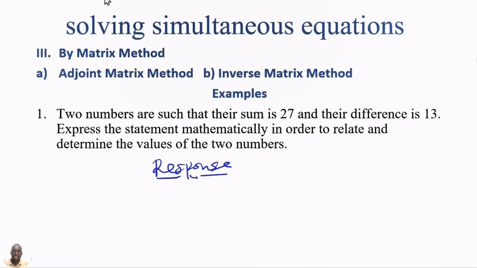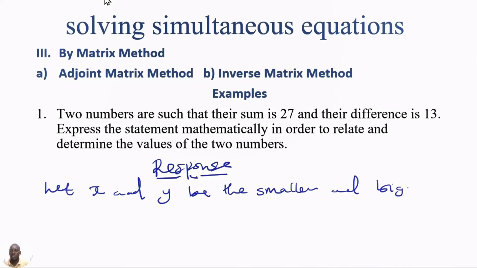So let us let x and y be the smaller and the bigger numbers respectively. When you say respectively, it means that x is the smaller one compared to y. So the next step, we are going to mathematically analyze the statements and represent them using x and y as the variables or unknowns.